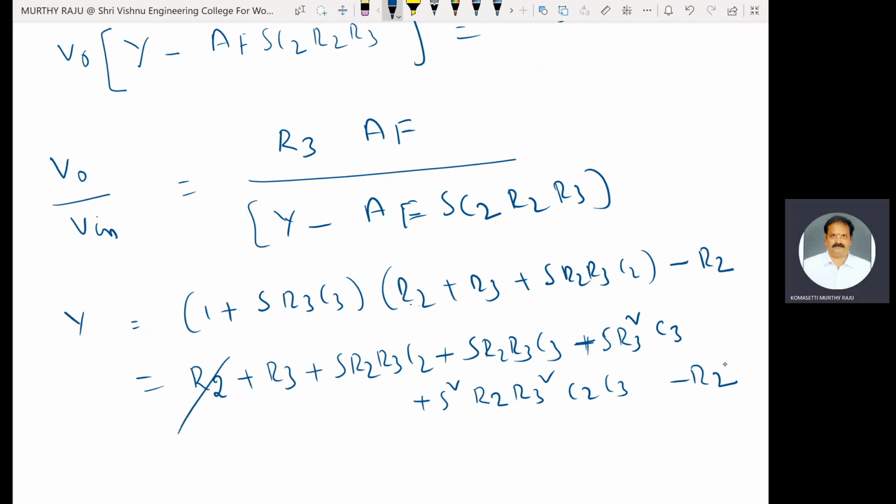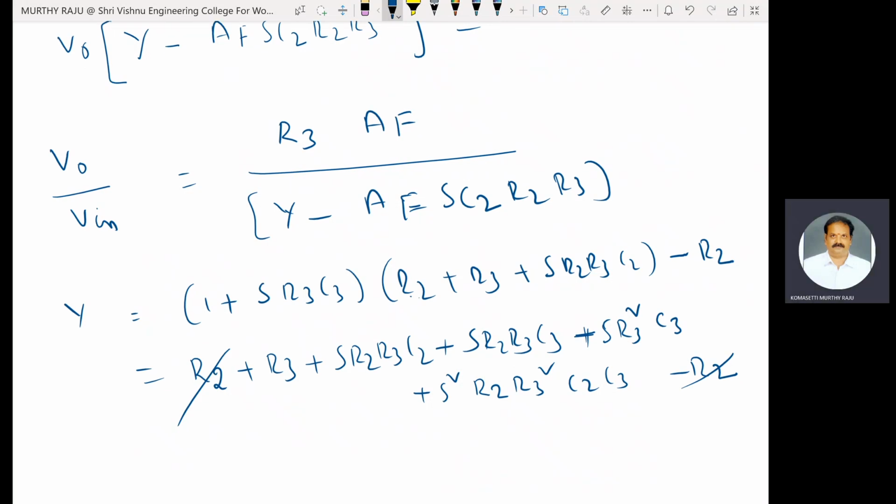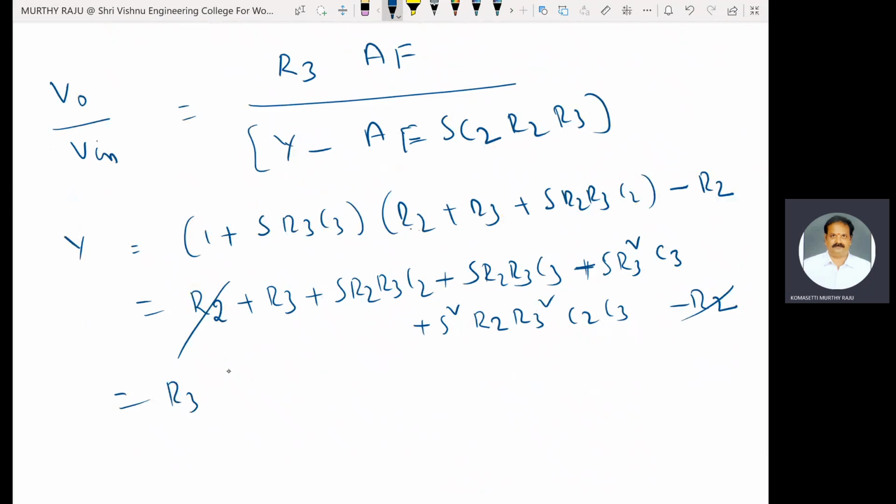Here R2 is cancelled. The R3 term is common here.